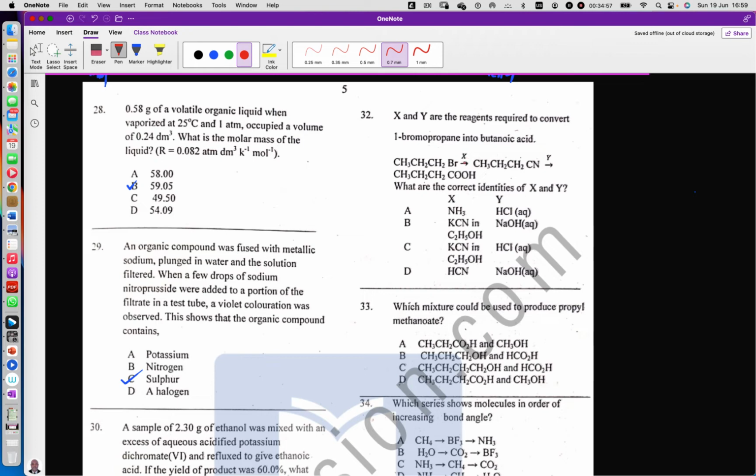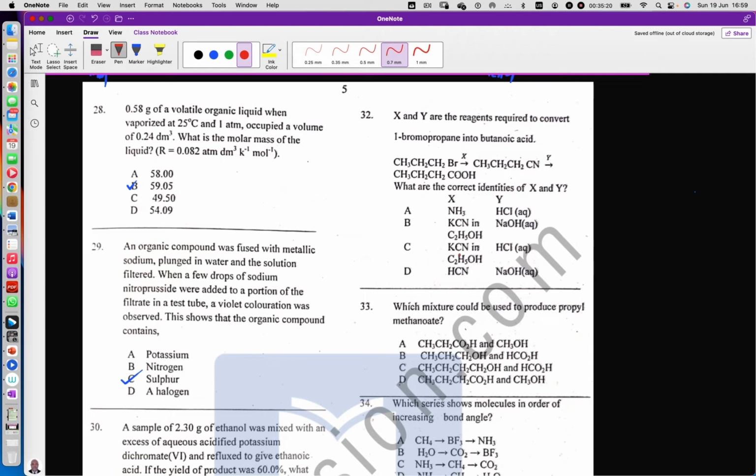So there must be a cyanide, either potassium cyanide, because potassium cyanide is toxic. Remember, I told you potassium cyanide is toxic.